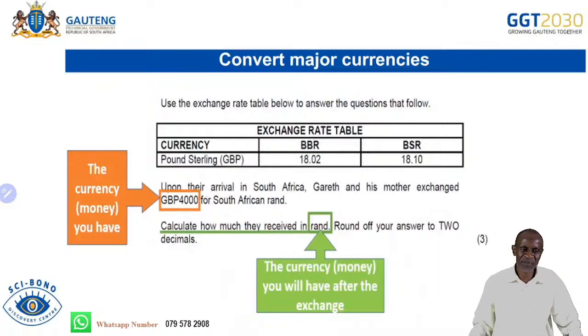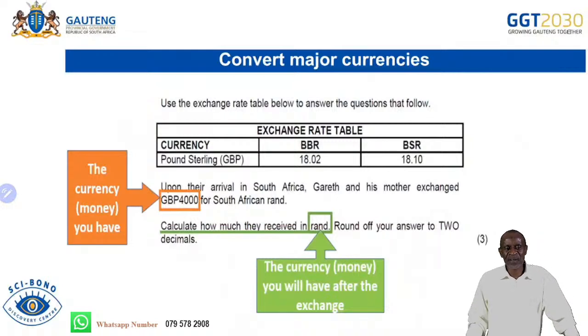So in short, it says to us that the bank buys foreign currency and the bank sells foreign currency. The bank will never buy local currency. The bank will always buy foreign currency from clients, and the bank will always sell foreign currency to clients.